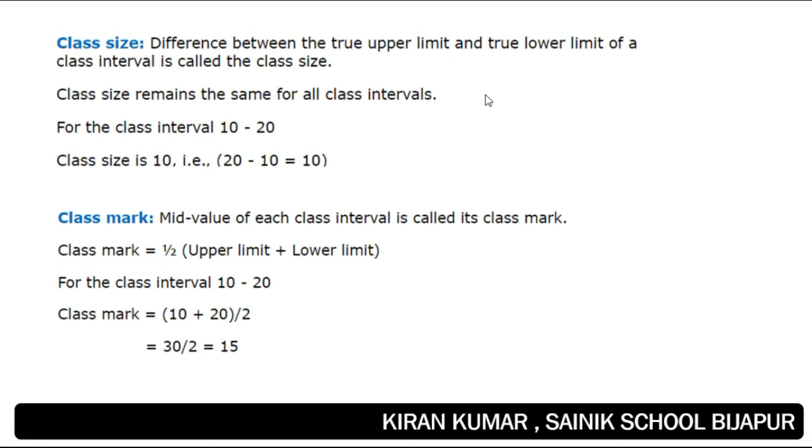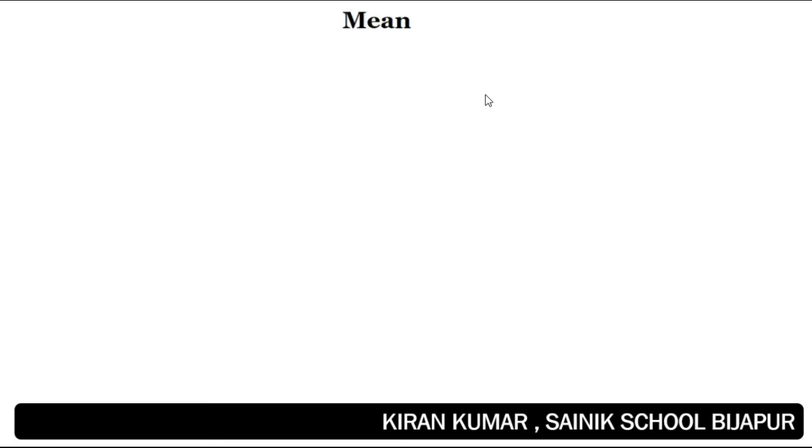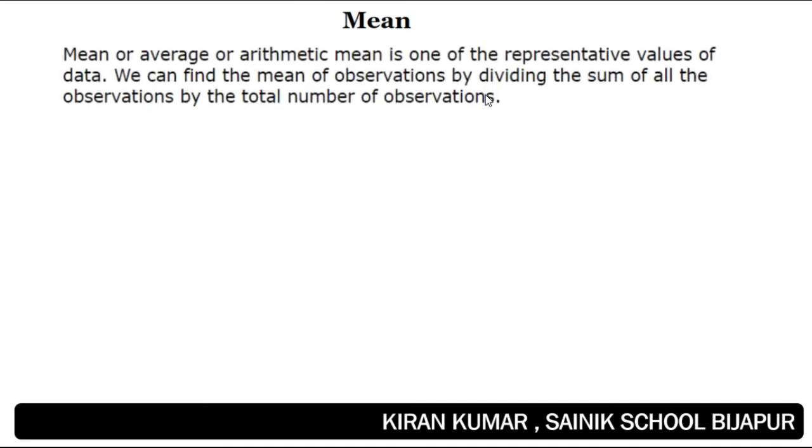Let us recall what we had learned in class 9, that is mean. Mean or average or arithmetic mean is one of the representative values of data. We can find the mean of observations by dividing the sum of all observations by the total number of observations.